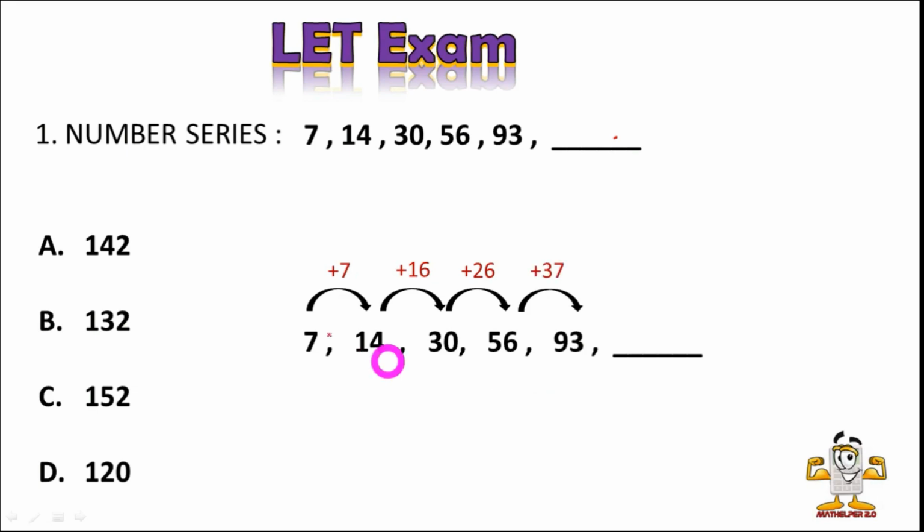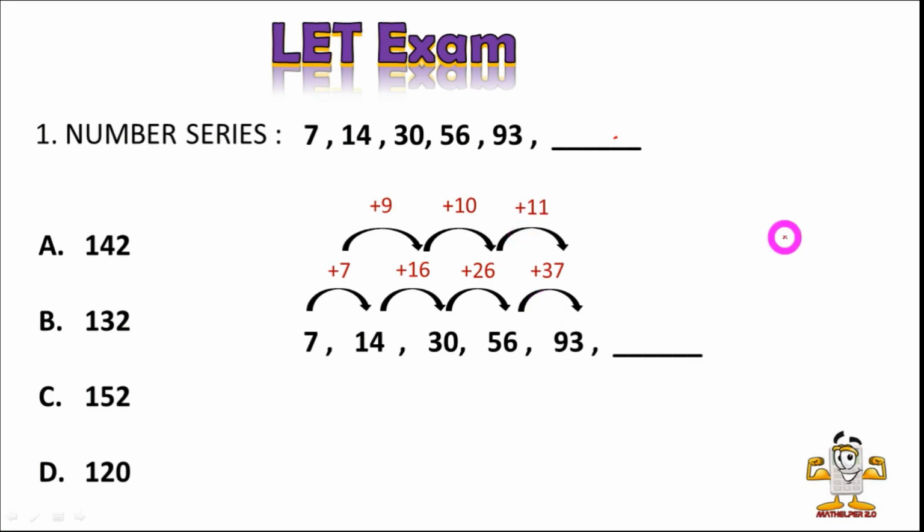So, hindi pa makikita yung pattern dahil malalaki yung number. So, sa taas naman is 7 and 16, mag-add tayo ng 9. Yung 16 at 26, mag-add po ng 10. So, napansin nyo may pattern na 9, 10. So, yung 26 at 37, add po siya ng 11.